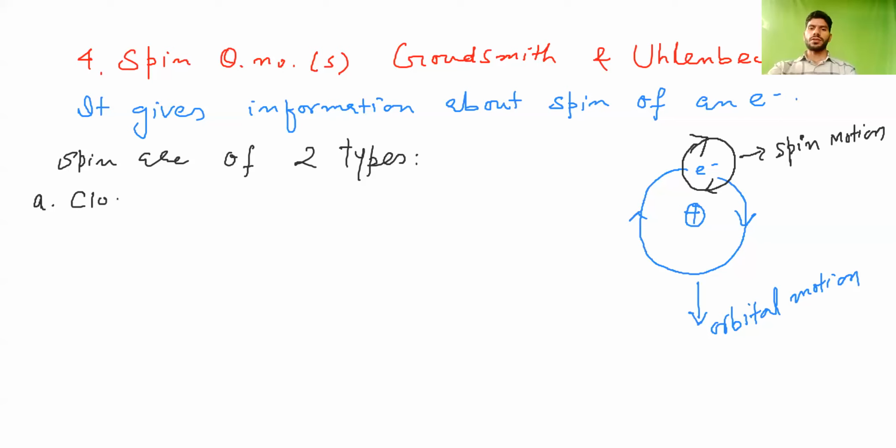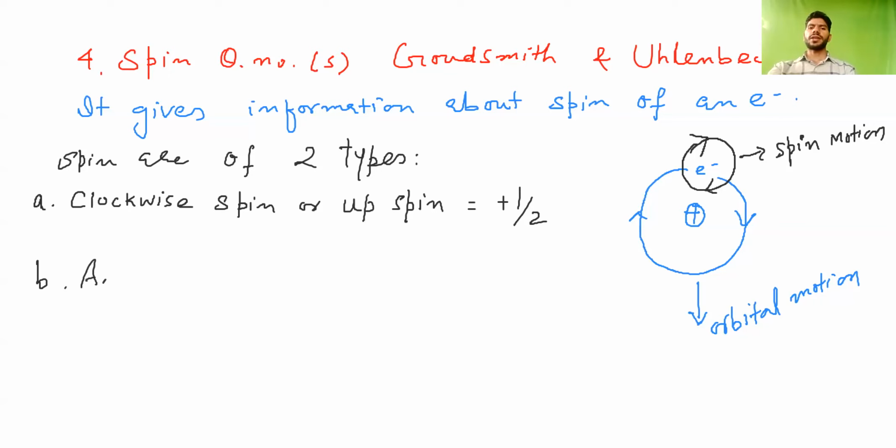One is your clockwise spin, it's also known as upspin, and its value is always shown as +1/2.